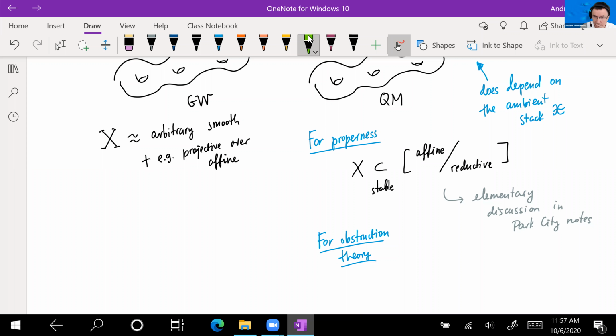So the affine variety has to have a perfect obstruction theory, and that means that it has to be LCI. So this is if you want that setup.